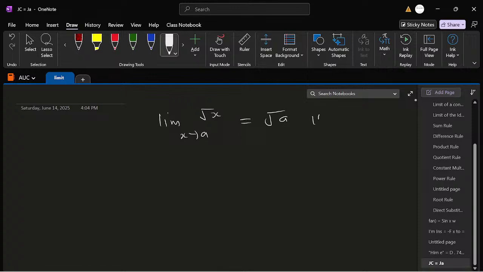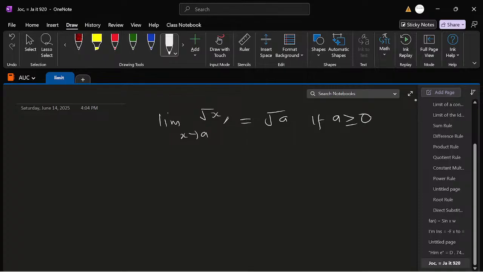But it has a condition: if and only if a is greater than or equal to 0. So it must be a positive number, otherwise there will be a problem here. You cannot have a negative number here. So x cannot be negative, it must be positive. That is the implication.